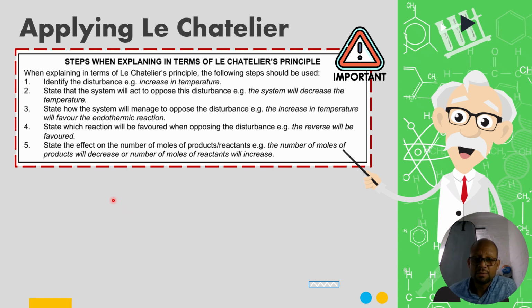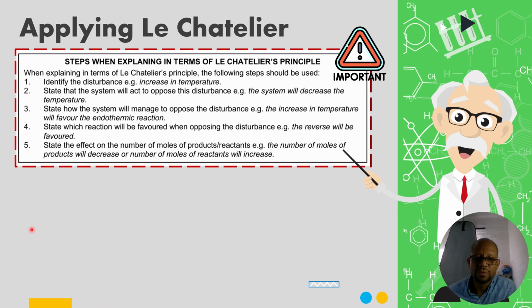If you identify the factor, you must be able to say it is an increase or a decrease. Sometimes you don't have to identify it, and sometimes I will give it to you. But take note that it is an increase or decrease. Don't say a change in temperature, because we know that a change refers to both increase and decrease.